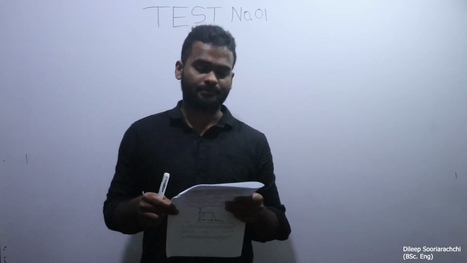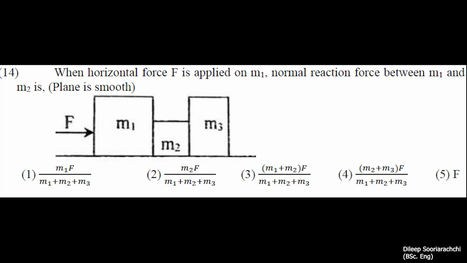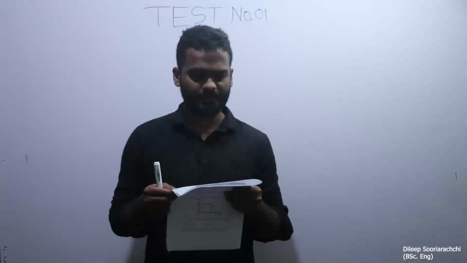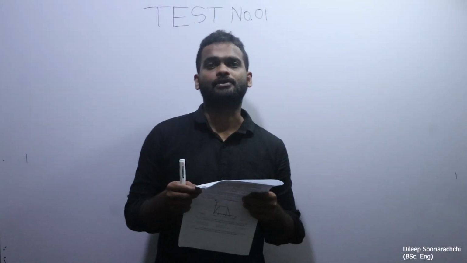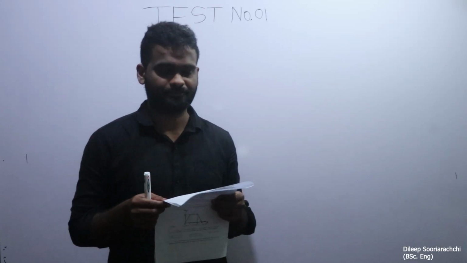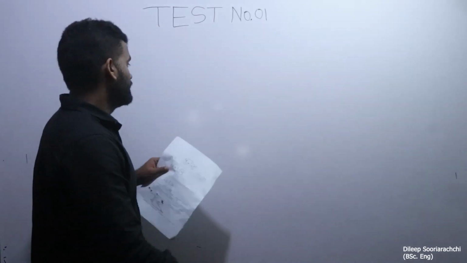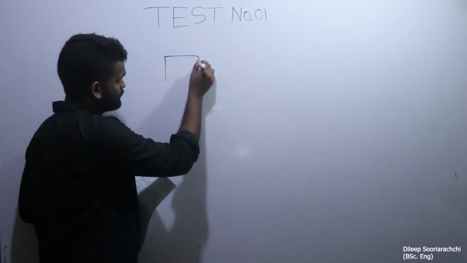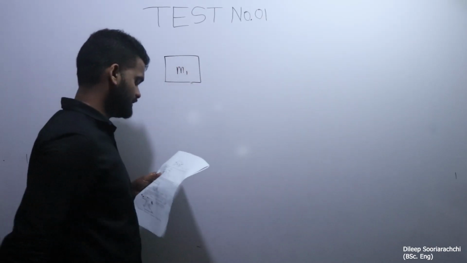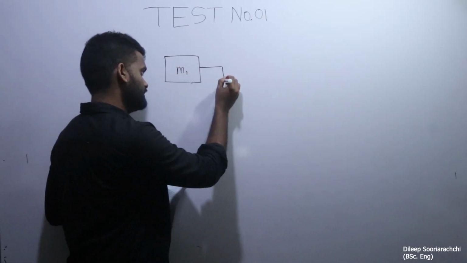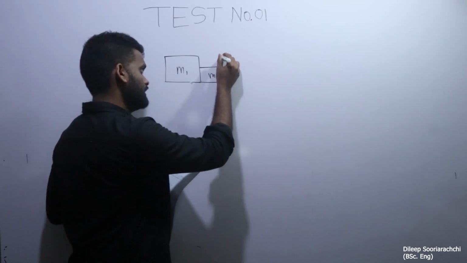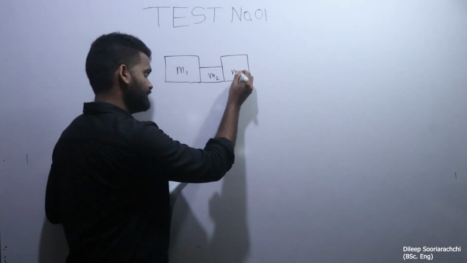Then the 14th question. When horizontal force capital F is applied on M1, the normal reaction force between M1 and M2 is, they say the plane is smooth, so there's no friction involved here. So you have this mass that is M1, then M2, then M3.